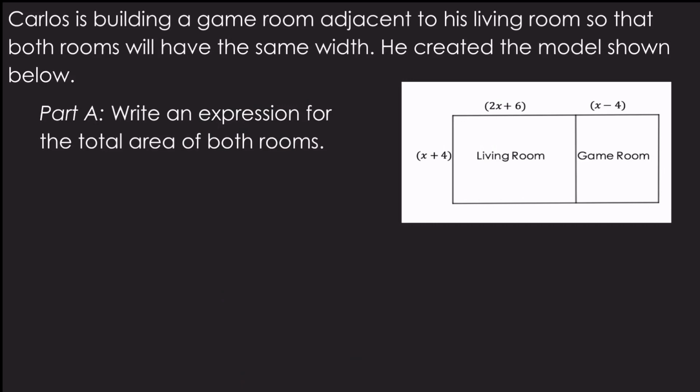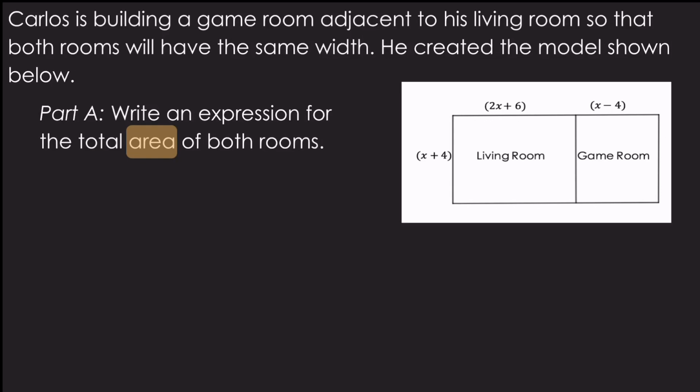He's building a room that's adjacent, means next to his living room. Both rooms will have the same width, meaning both rooms are going to be x plus 4. But their lengths are different. So it says write an expression for the total area of both rooms.